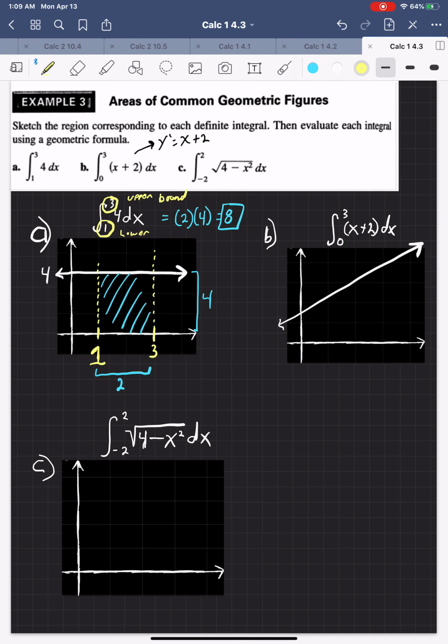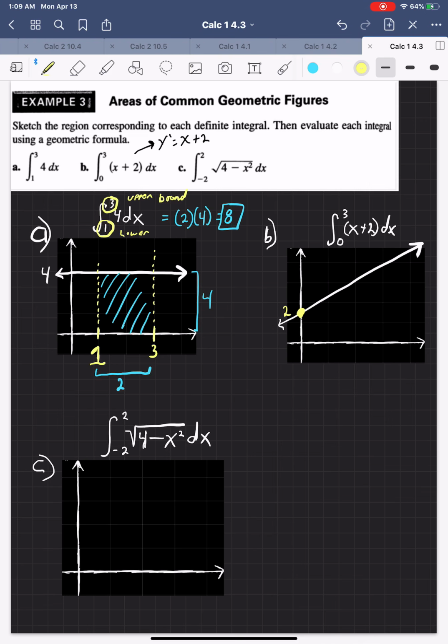So that would mean that when x is 0, this would be 2 right here. And to ask about the area under this curve is going to be infinite unless we can somehow bound it. Well, the good news is with definite integration, they tell us how to bound it. So we're going to start at x is 0, and when x gets to 3, we're going to stop.